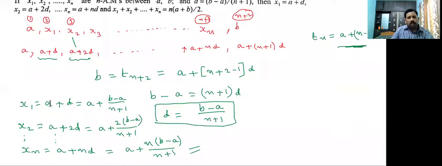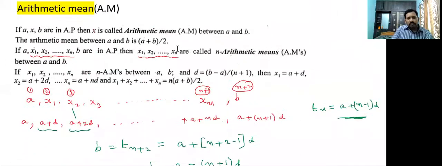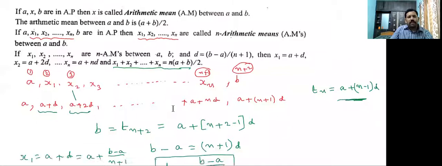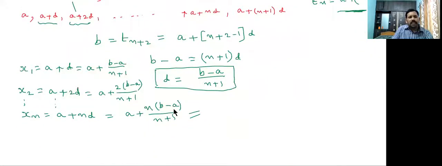Now here one formula is given. The sum of n arithmetic means, x1 plus x2 plus x3 plus and so on plus xn, is equal to, what is the formula? N into (a plus b) by 2. How do we get it? Already we know that if we add all these terms x1, x2, x3, we will get that formula.